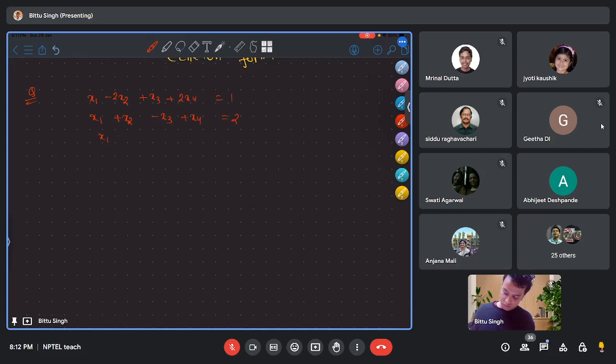And x1 plus 7x2 minus 5x3 minus x4 is same as 3. So the question says, what is the solution? We don't know if a solution exists or not. If it exists, what is the solution?